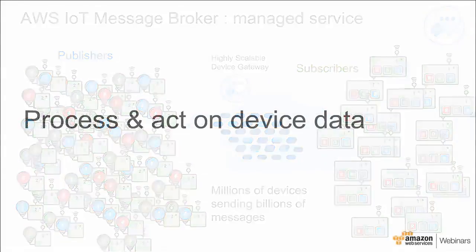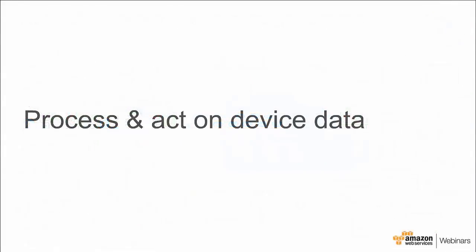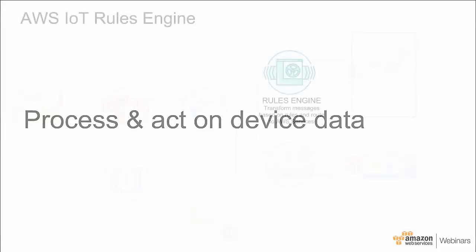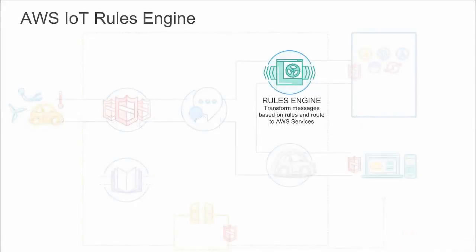So once you've got your devices connected and you're sending and receiving messages to and from MQTT topics, which is what we call the pub-sub collections within the MQTT protocol, you probably want to route those messages and do something with them. And for this purpose, we have the AWS IoT rules engine.